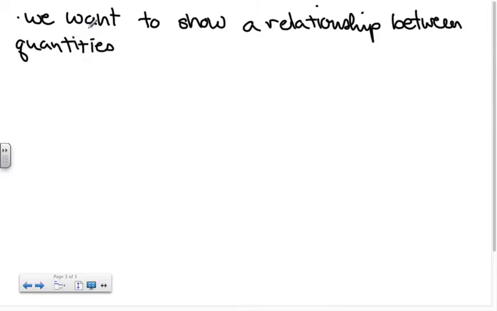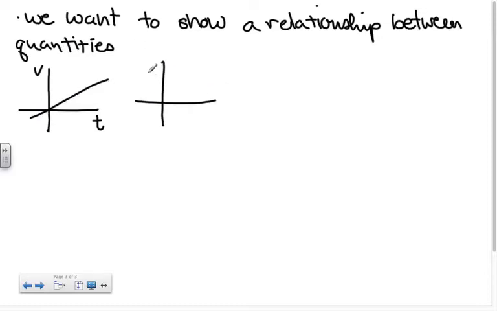Doesn't matter. From popular graphs, since I teach physics, you have a relationship between time and speed, for example. Or you have a relationship between force and mass, for example.